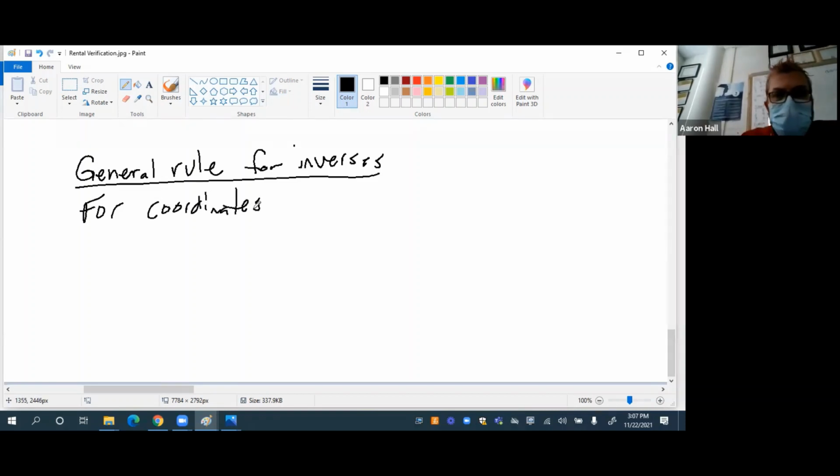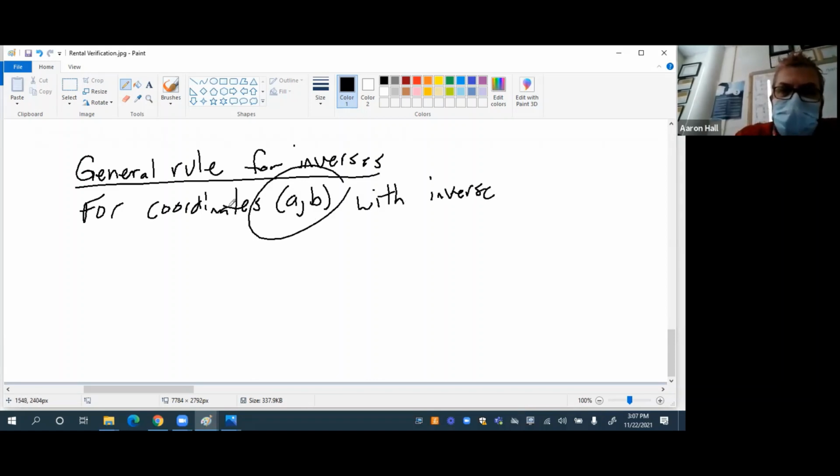For the coordinates of a comma b with inverse: if I have a point a, b on a function, what would the inverse point be? Yeah, it would be b comma a.